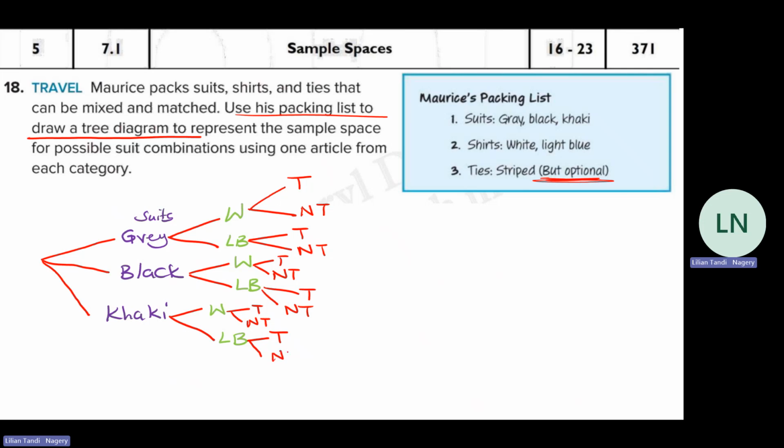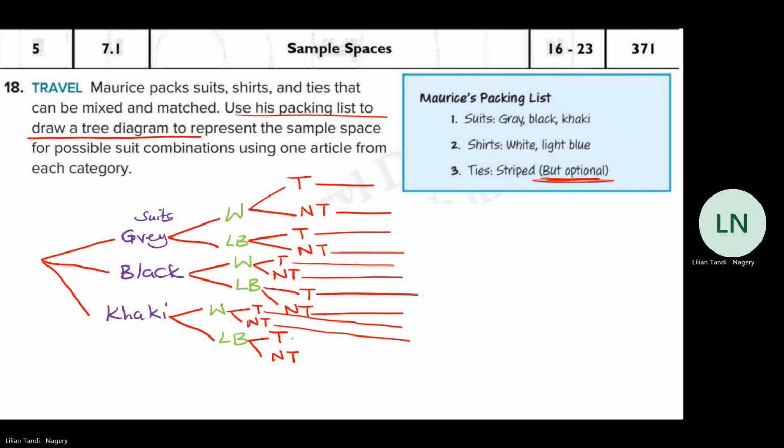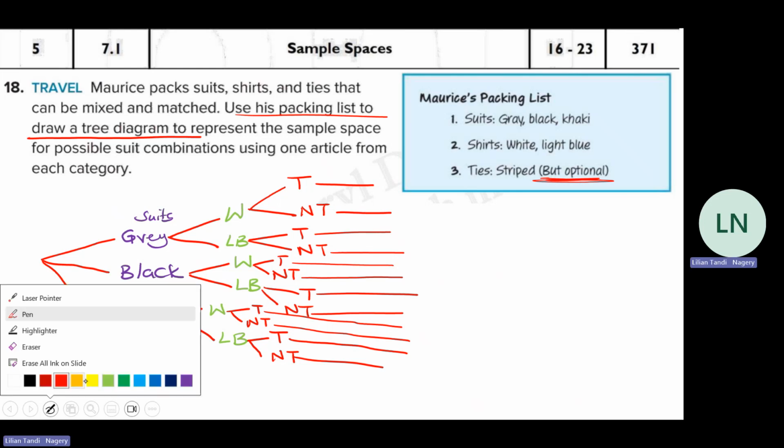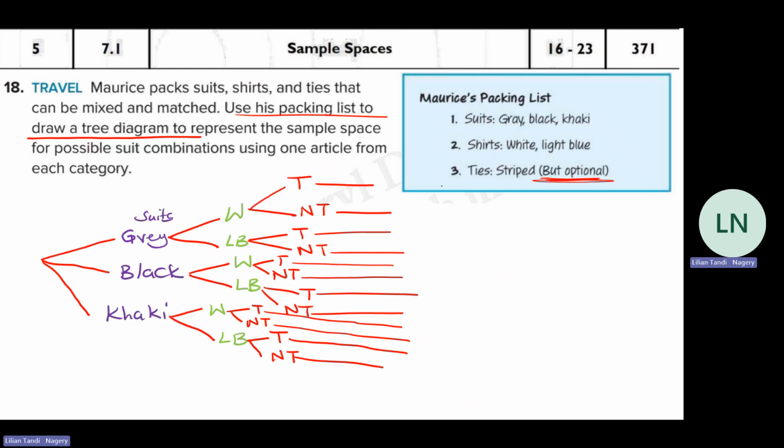Tie, not tie. And then remember I said you have to have an answer for every part. Every part of your tree diagram, you have to write the answer. Okay? Let me use another color. Let me use blue. So here you will have a gray, a white, and a tie.